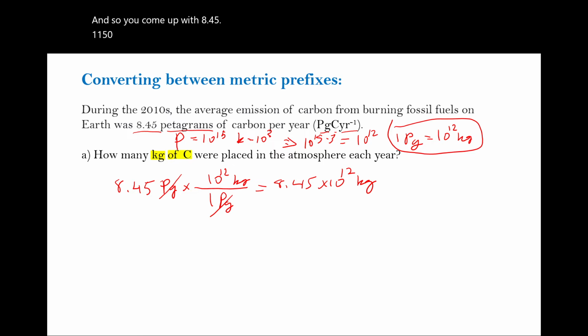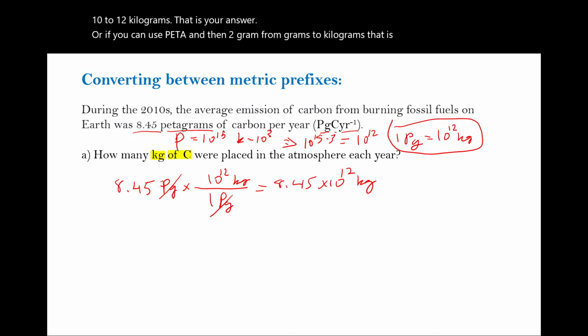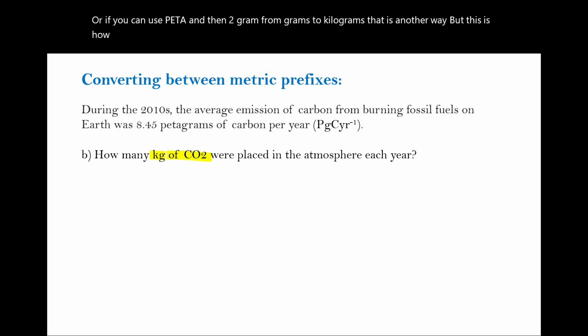That is your answer. Or if you want, you can use peta and then to grams, from grams to kilograms. That is another way, but this is how we can solve it.